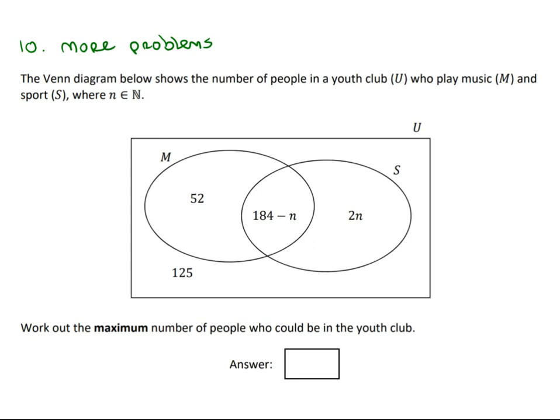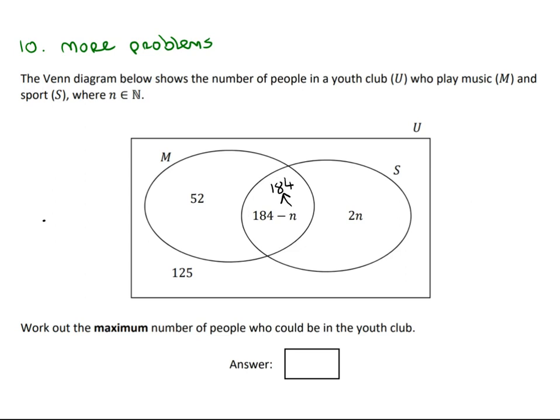To make this number plus this number plus this number plus this number as big as possible, you have to spot that this number in the middle has to be as small as possible to make the 2n as large as possible. And the biggest number you can put in instead of n is 184.